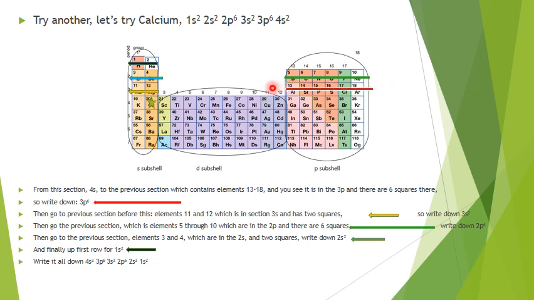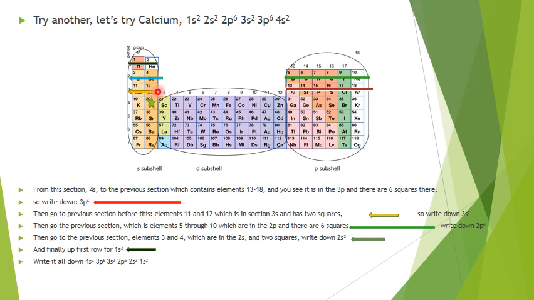So you go through this section next, from the 4s to the previous section, up to here. You're in 3p, and you go over 6, so you write down 3p6. So you have 4s2, 3p6.